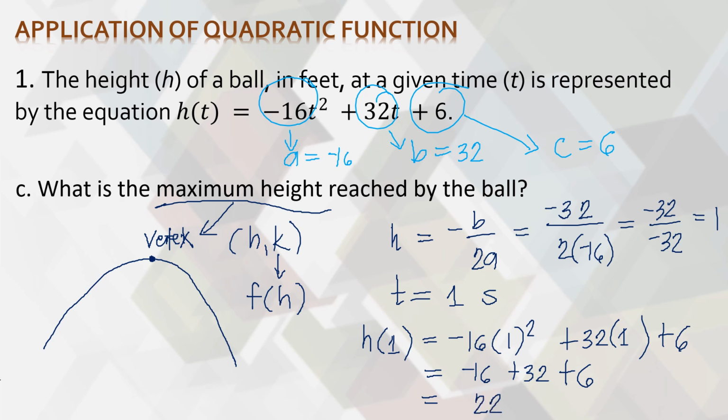That is 22 feet. So ang pagkakaintindi dito, sa loob lamang ng isang segundo, ang bola ay inaasahan na nasa pinakamataas sa pwesto na niya at gaano kalayo, gaano kataas? 22 feet above the ground.